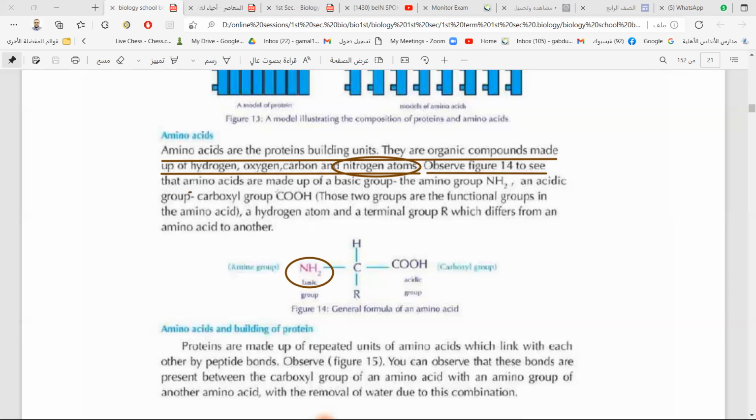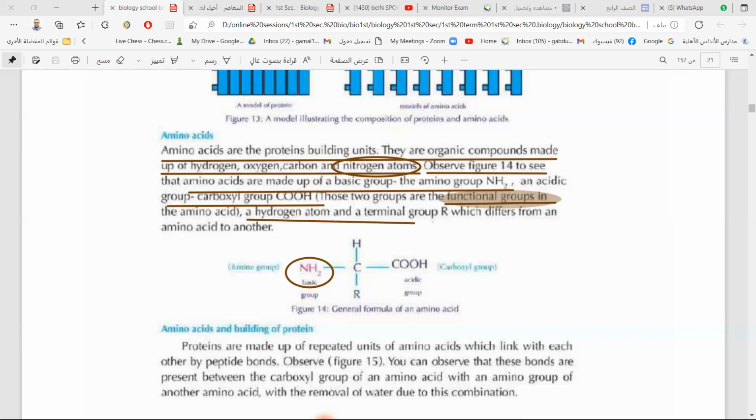We have in the figure here the shape of the amino acid: the basic group, amino group NH2, and the acidic group, carboxyl group, COOH. These two groups are the functional groups of the amino acid or the protein.